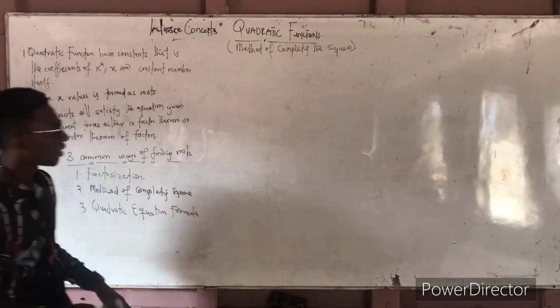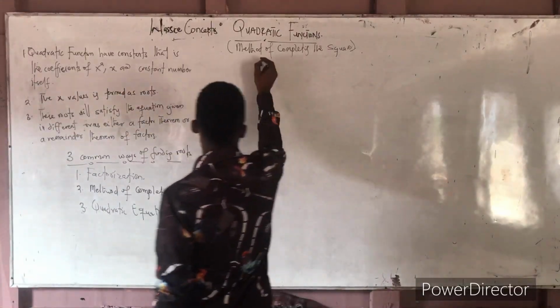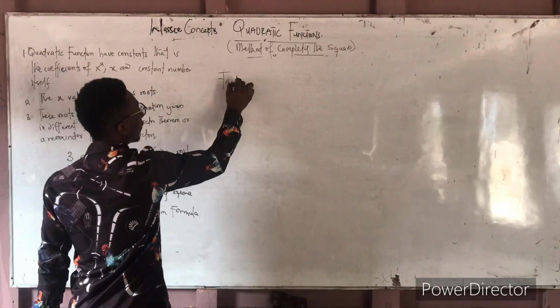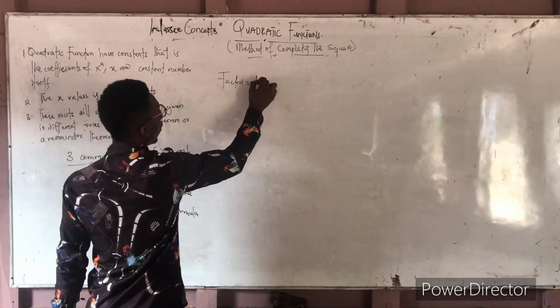Quickly, let's go to factorization, because I want us to tackle the method of completing the square. Factorization is very simple.